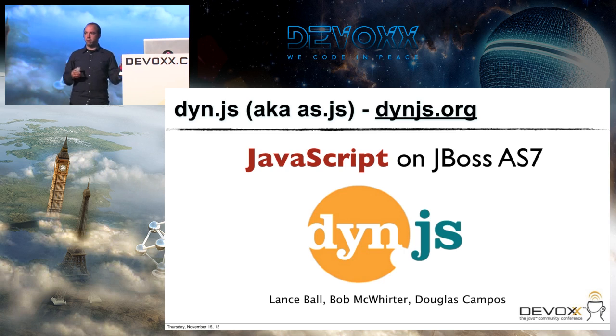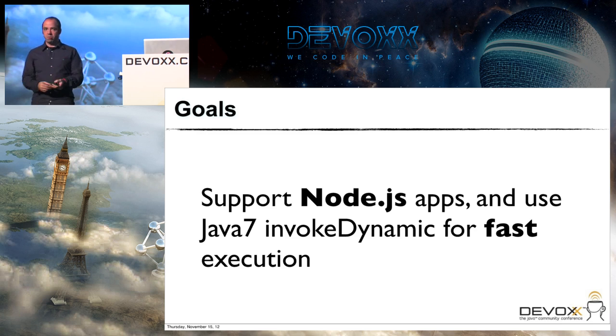As I said earlier, we've got a brand new JavaScript implementation coming up, called Dyn.js, and we also have a middleware around it coming up as well, which so far we've called Jazz. What we're trying to do here is pretty much the same: take existing JavaScript applications, particularly those now running on top of Node.js, make them run on top of the JBoss application server, and take advantage of the middleware we provide.